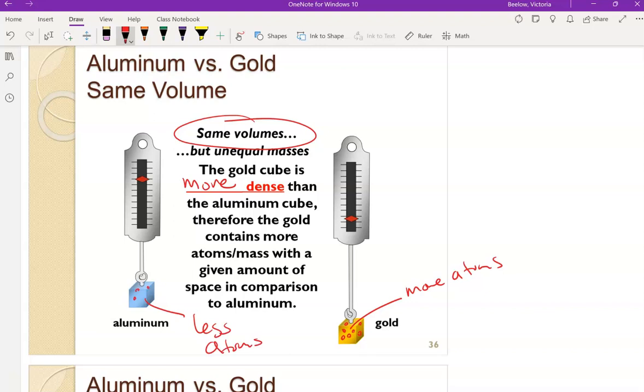Again, they have the same volume, they both are taking up the same amount of space. It's just that the gold has those atoms closer together, so it has more atoms in that given amount of space. Again, density is mass per volume. How much mass, how many atoms do you have in a given amount of space? And the gold in this case has more.